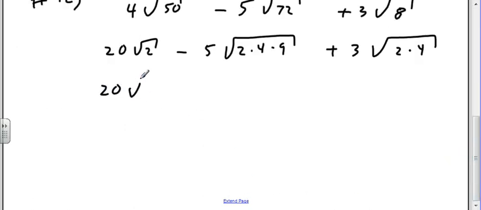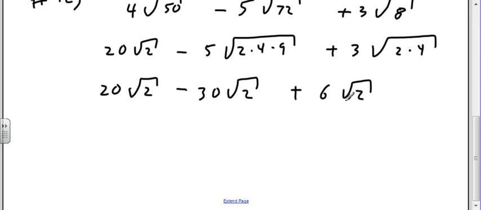So I got 20 the square root of 2 minus 30 the square root of 2 plus 6 the square root of 2. 2 times 3 is 6. Okay, so that looks like minus 4 the square root of 2.